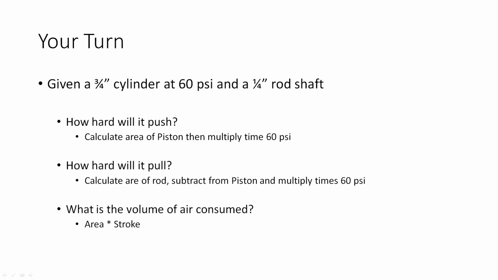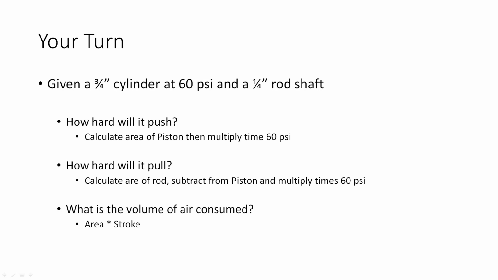Then multiply that times 60. The volume of the air consumed is the volume of the piston, which is the area of the piston times its stroke length. Now it's going to be a little less on the retract than it was on the extension, and we saw that already.